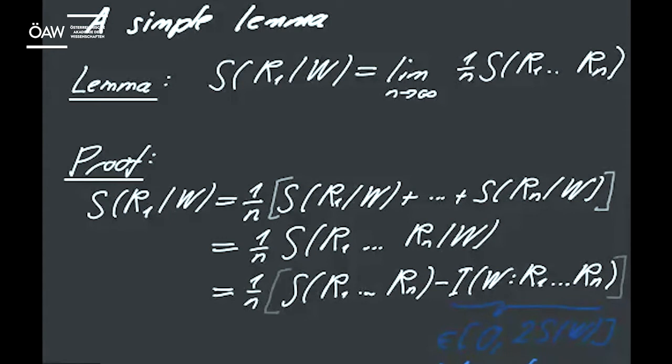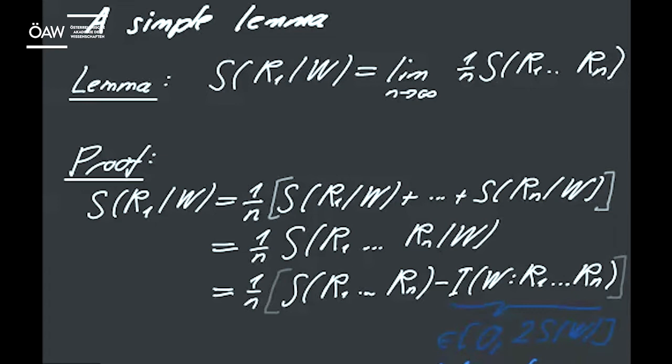Here is the proof. Maybe I go very quickly through the proof for the experts, and for those who don't want to follow the proof, that's fine. I think you just need to remember the statement. So here you start with what you want to show, and then you use the fact that the de Finetti theorem tells you that conditioned on W, it's a product state or a product channel. And for a product state, the entropies are additive, and therefore you can write it as one entropy here.